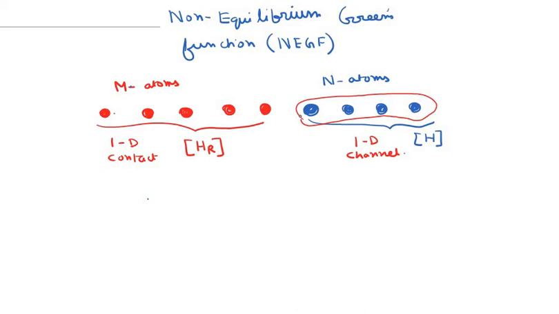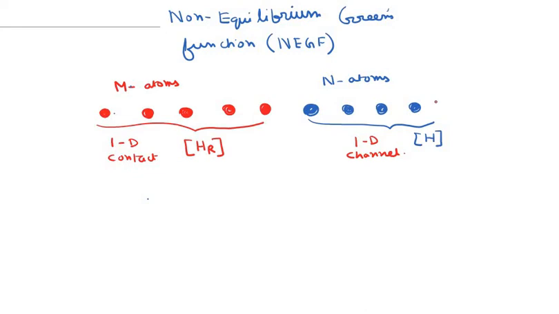One of the reasons is that the contact is basically supposed to drive as much current through the channel as possible when the device is on, and that is only possible when the contact has a much larger number of electrons than the channel can ever have.